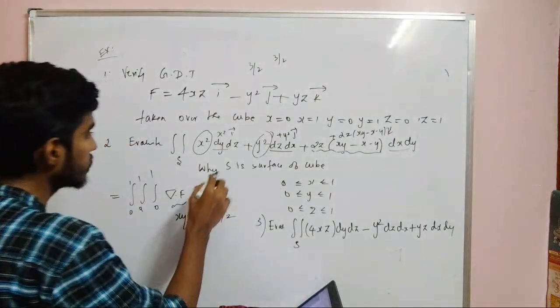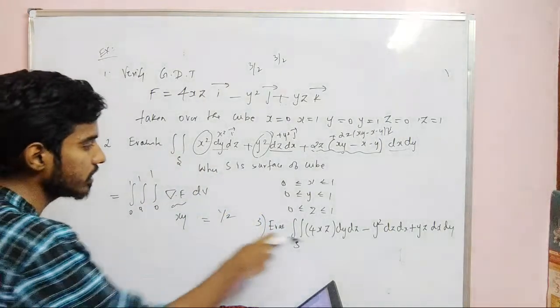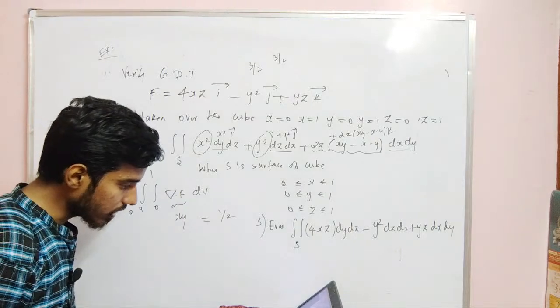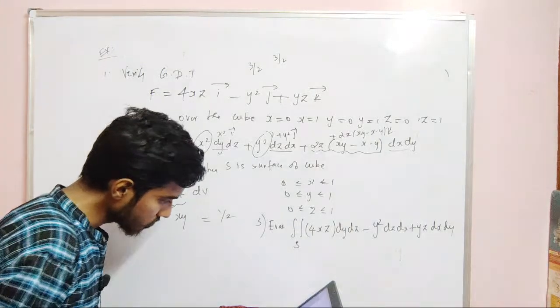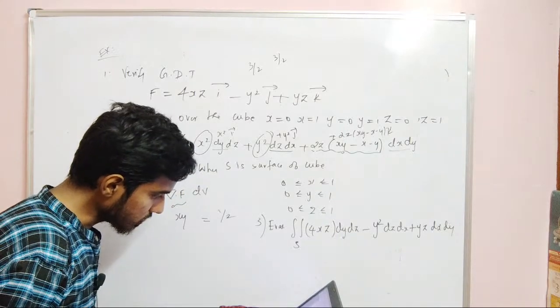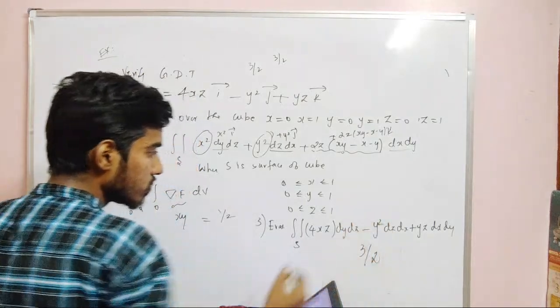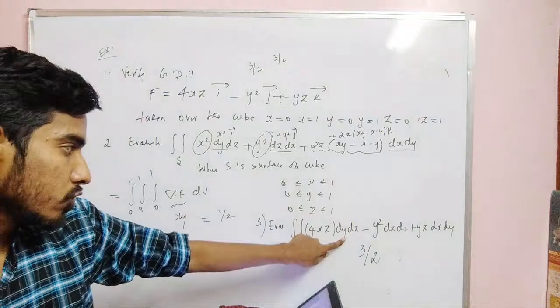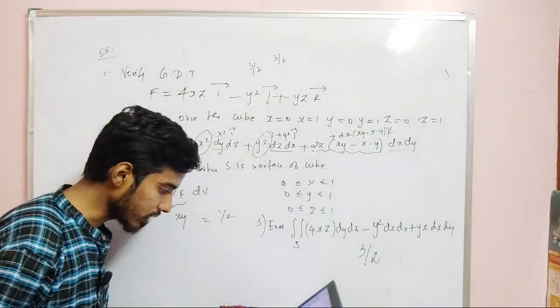Same question, right, with the same bounds; the only thing is f is varying here. So here f is 4xz i vector minus y square j vector plus yz k vector. So we will get the answer to be equal to 3 by 2, right. So don't get confused if you have dy dz, dz dx and dx dy, right. It is the same as i vector, j vector and k vector.